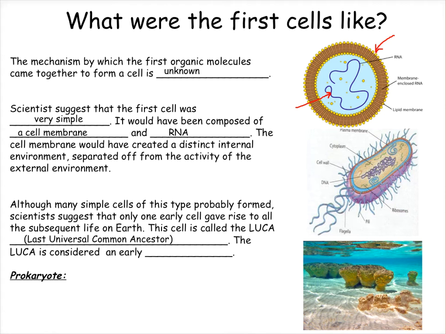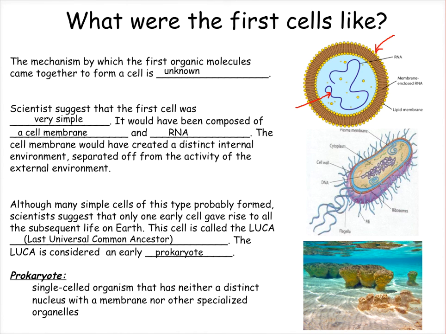So, what kind of cell was the last universal common ancestor? The LUCA is considered an early prokaryote. A prokaryote is a single-celled organism that has neither a distinct nucleus nor other specialized organelles. An example of a modern prokaryote is shown here in this picture of a bacterium.